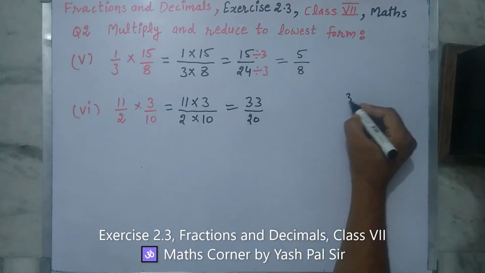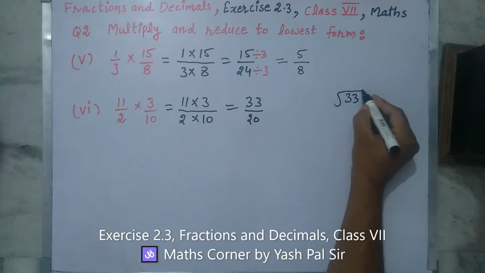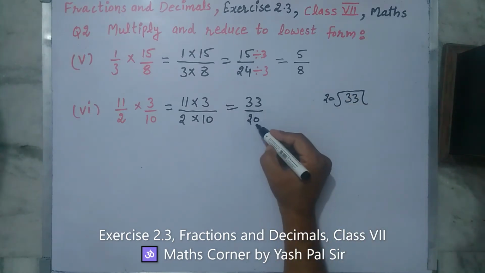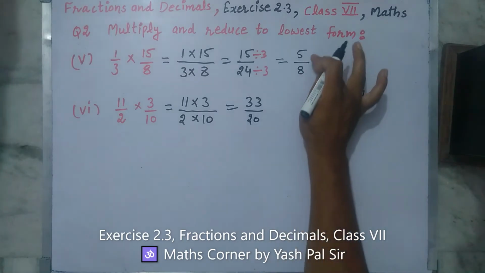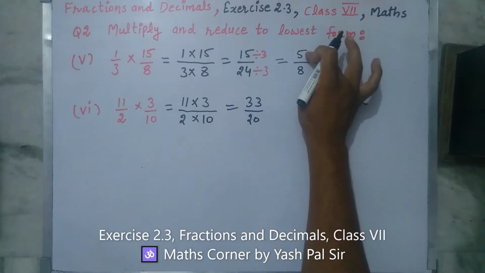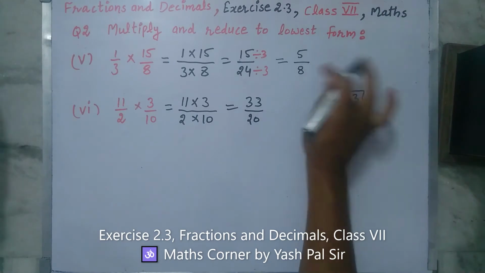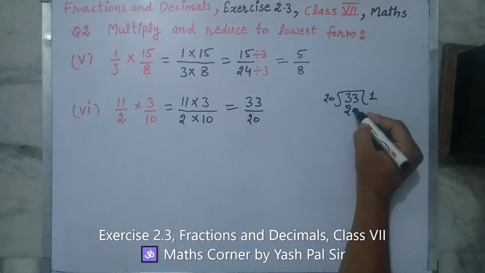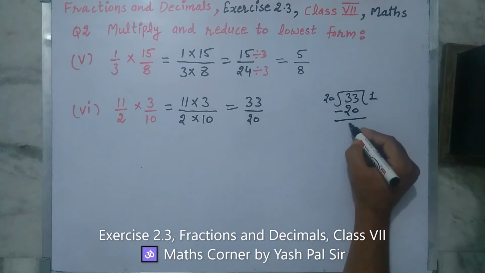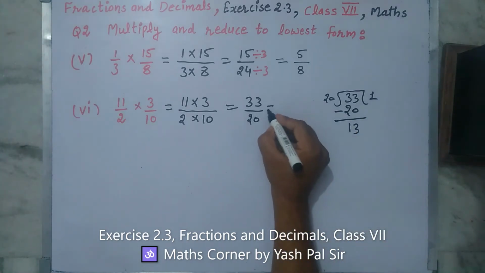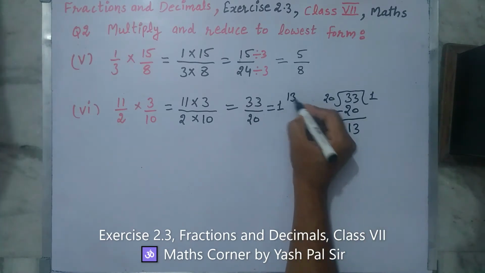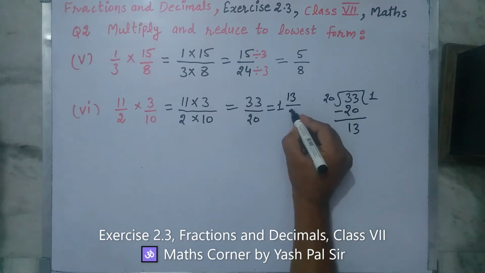So we divide here 33 by 20. Why? Because the numerator is greater than the denominator. Here we did not divide because the numerator is not greater than the denominator. 20 ones are 20. Subtracting now, the answer is 13. So what is the answer? 1 is to 13 divide 20.